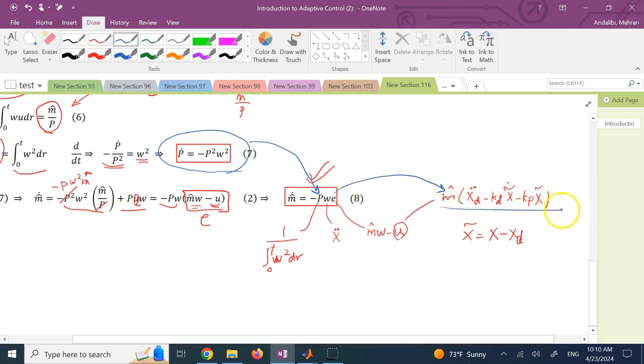And m hat can be used in the control. Then ideally, once you pass this, your error should converge to 0. So here you see that the adaptation law m hat dot equals negative PWE is derived for you.